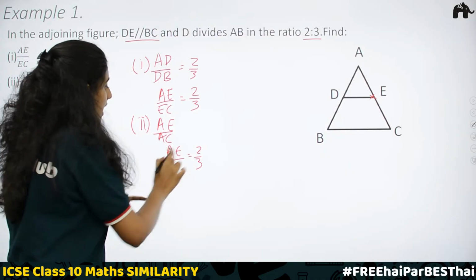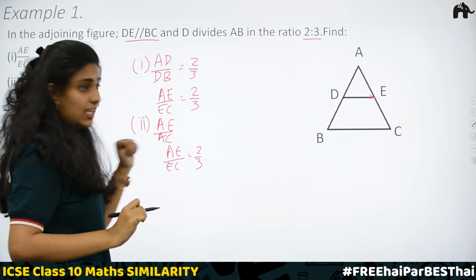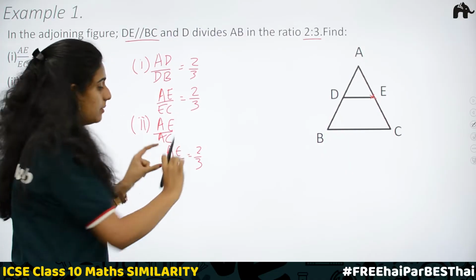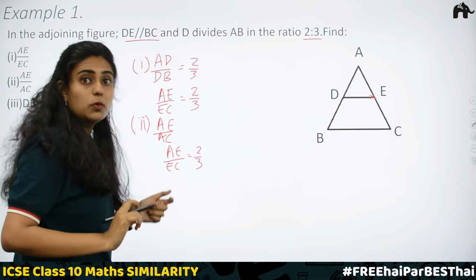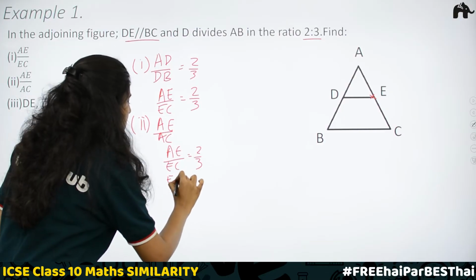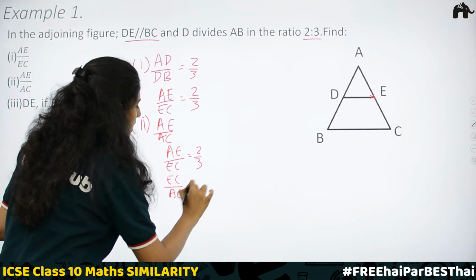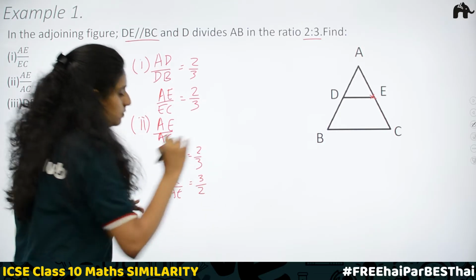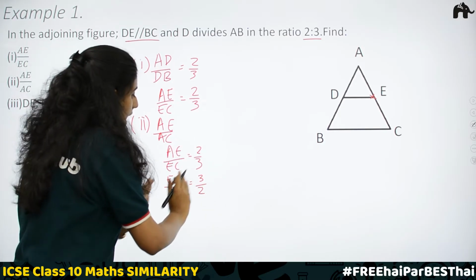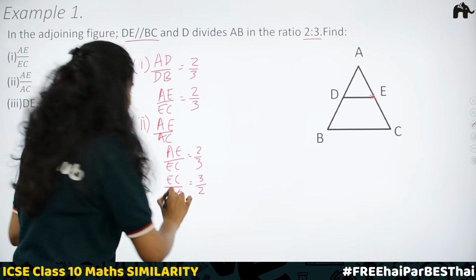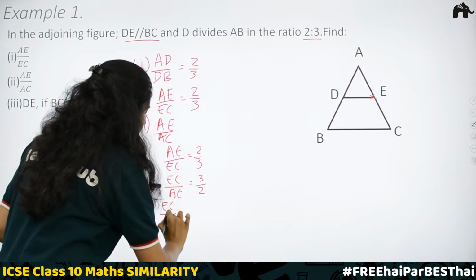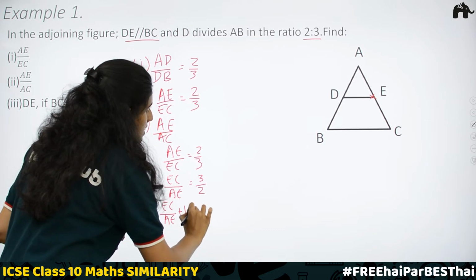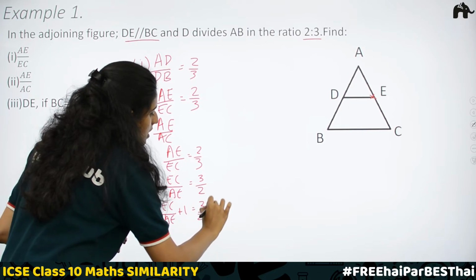We need AE and AC. For that, I am going to take the reciprocal on both sides. I will get EC by AE equal to 3 by 2. Next step, I am going to add 1 on both sides. EC by AE plus 1 is equal to 3 by 2 plus 1.